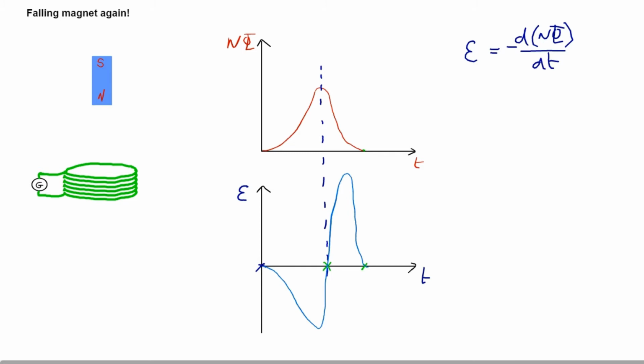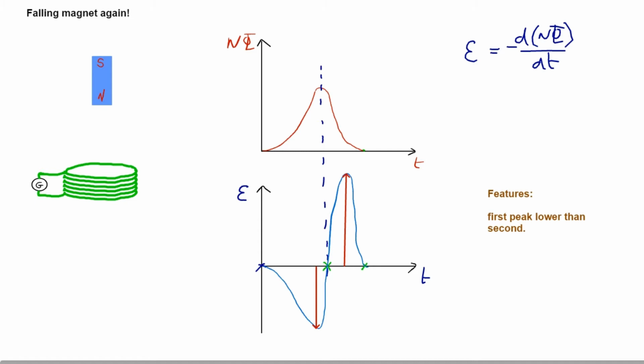A couple of points to make here, because we've got some very interesting features. First of all, the first peak is lower than the second. What I mean by that is the first peak has a smaller height, a smaller magnitude of EMF, than the second peak. But we've already decided that's due to the steepness of the curve.